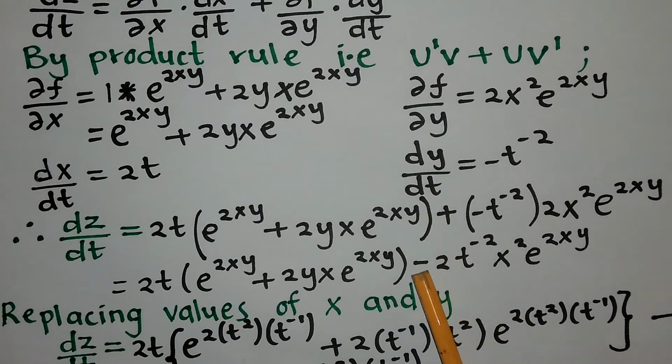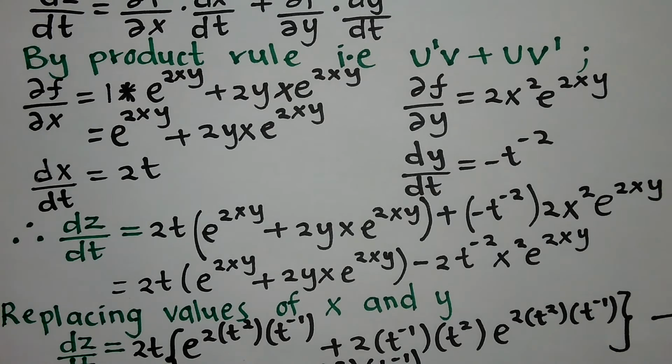Negative and positive will give us negative, so we have negative 2t raised to power negative 2. This 2 is because of this, we said this times this, so we have this as negative 2 here, and then this one, x squared exponential 2xy.